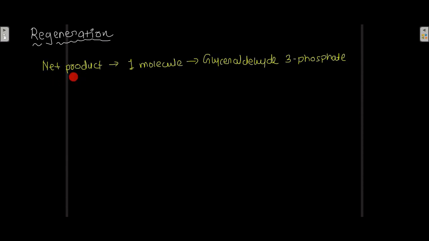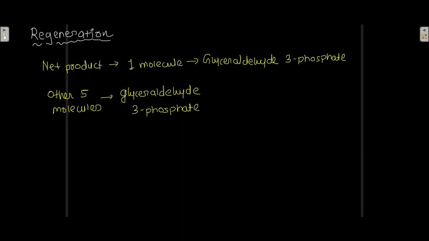The net product of the Calvin cycle is one molecule of glyceraldehyde 3-phosphate. Okay, that is your final product. You take one molecule of glyceraldehyde 3-phosphate out of the Calvin cycle as a final product. So one molecule is going out of the Calvin cycle, and we are left with the other 5 molecules of glyceraldehyde 3-phosphate.